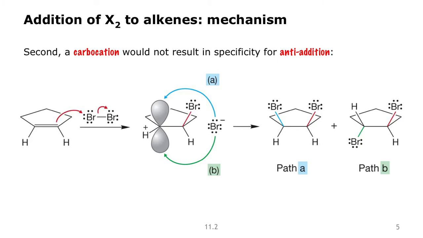Another strong piece of evidence that a carbocation is not an intermediate in these reactions is the observation that we exclusively get anti-addition and that we get no what's called syn addition to the same face of the double bond.